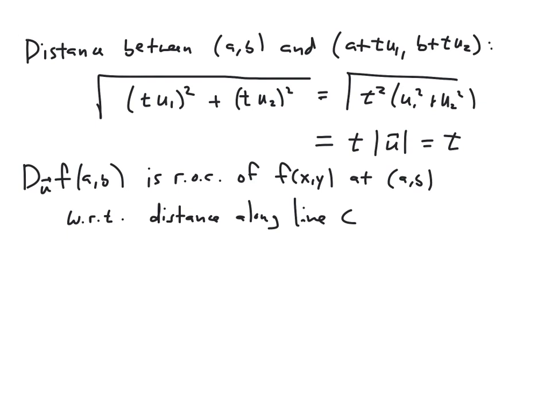So if we substitute in 4 for t, we're going to get a point that's 4 units away. And that is another way of saying that we are parameterizing in terms of the arc length parameter.